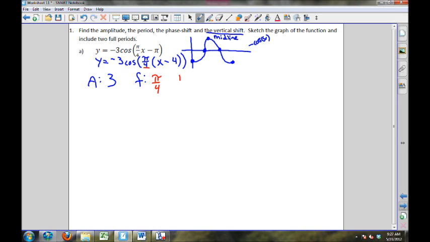I can now find my period, which is 2 pi over my frequency, which in this case is 2 pi divided by pi over 4, which is equal to 2 pi times 4 over pi, multiplied by its reciprocal. Pi's cancel out, and I get a period of 8.